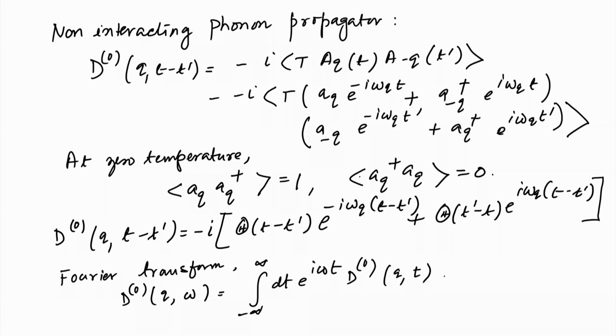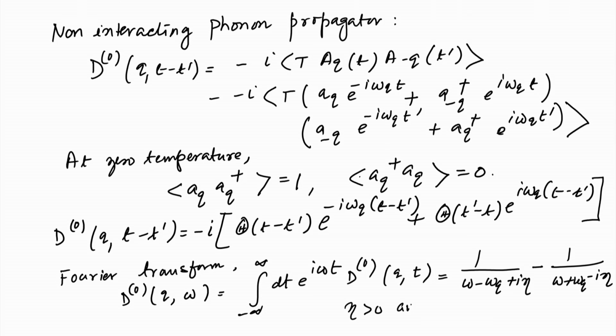And if we do that, then this integral will yield one over omega minus omega q plus i eta, minus one over omega plus omega q minus i eta, where eta is greater than 0 and infinitesimally small. So, what I did is that I just put this D0 q t from the step above, and then did that integration.